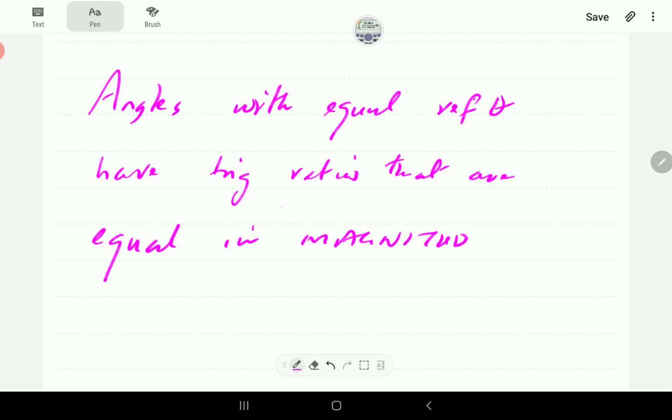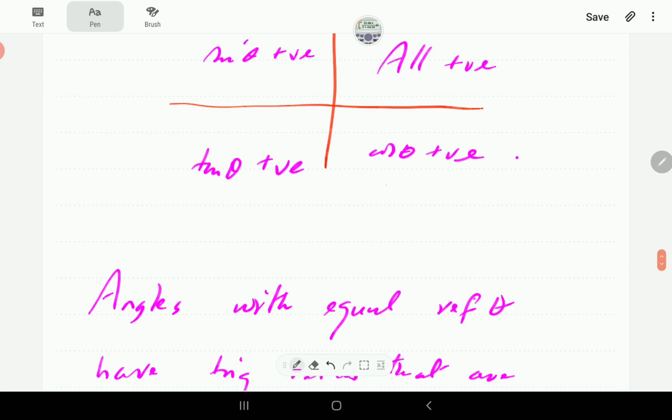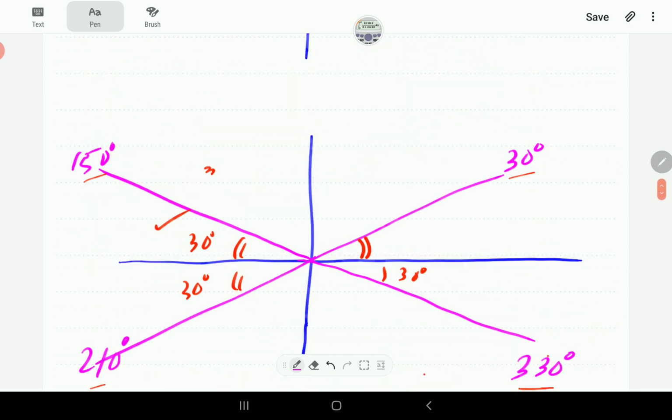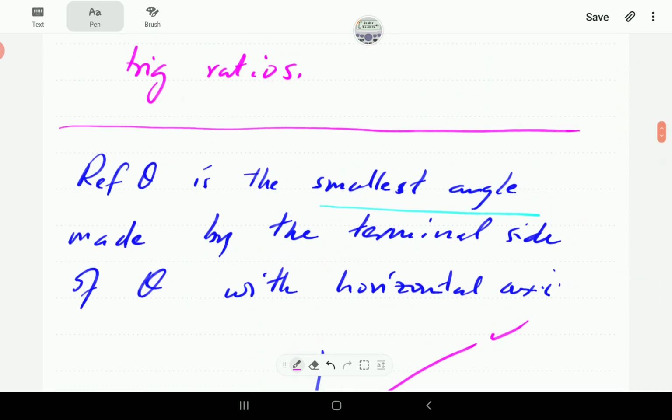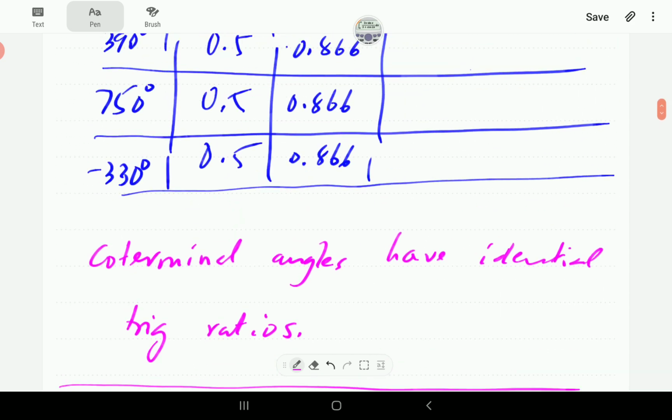So that means if one is 1/2, all of them are going to be 1/2, except that depending on which quadrant they fall in, it could be negative 1/2 or positive 1/2. So that is the idea of reference angles and coterminal angles.